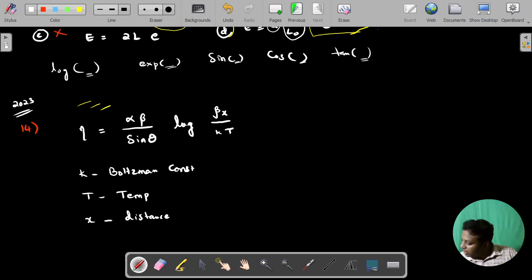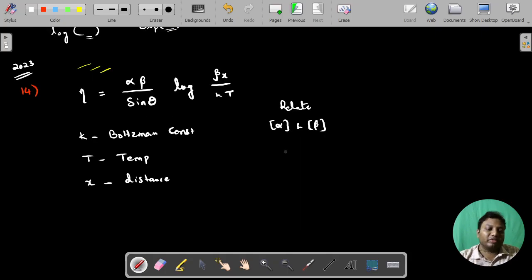Let us see what they are saying. They are talking about the relation between the dimensional formula of alpha and the dimensional formula of beta. In the options they are talking about that relation, so we shall do that here. This entire thing is inside a logarithm, as I discussed in the previous problem.